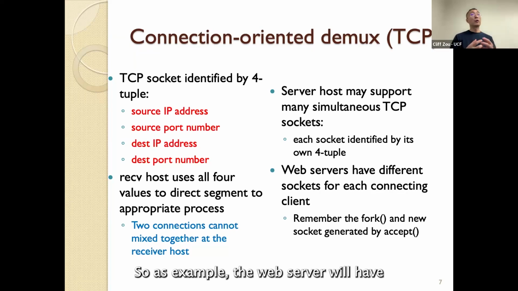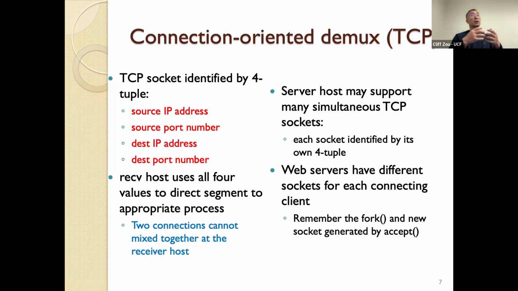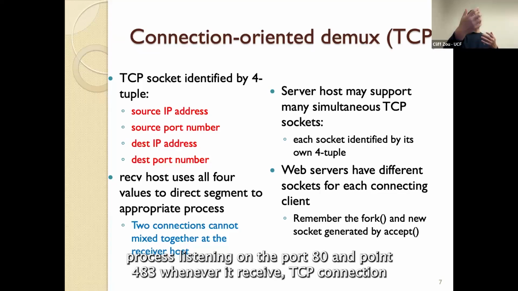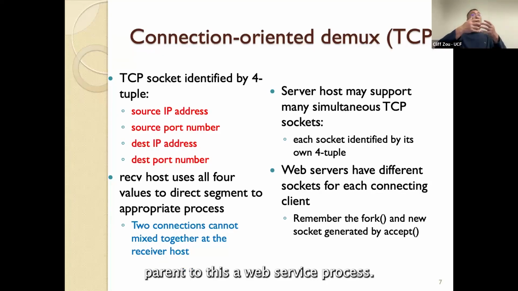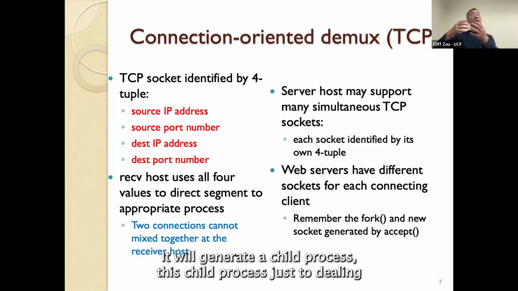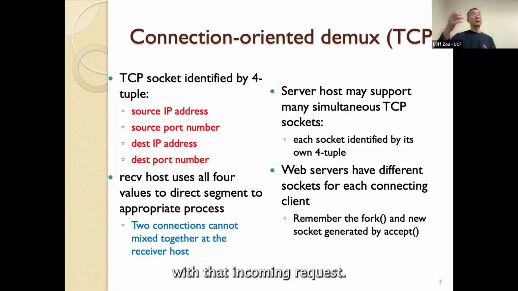The web server will have an always-running server process listening on port 80 and port 443. Whenever it receives a TCP connection request on that port, this parent web service process will generate a child process. This child process just deals with that incoming request.